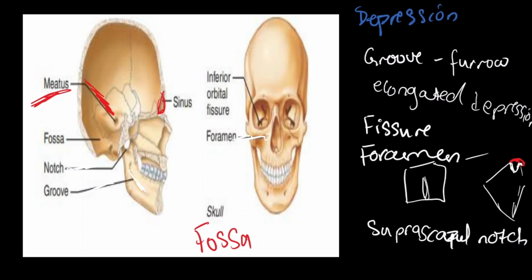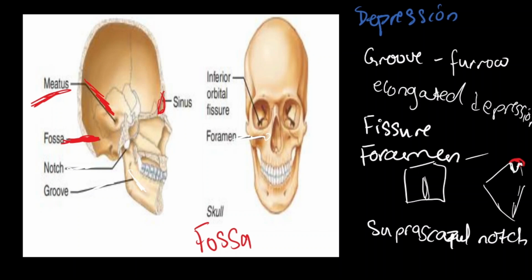In this picture here, it's not well depicted, but we can see that we have the fossa here. Also, we have the occipital condyle from the skull, and then we have the fossa on the vertebral bone. So these are essentially all of the bone markings that we'll be considering for this video.